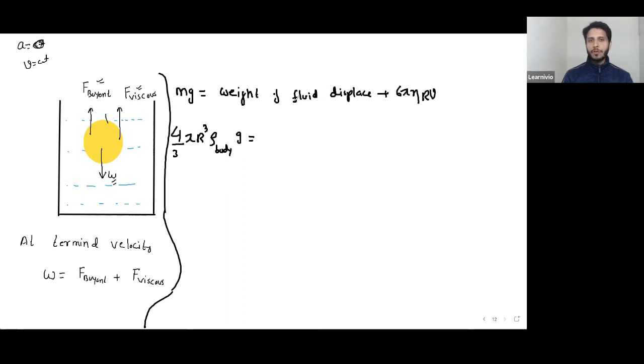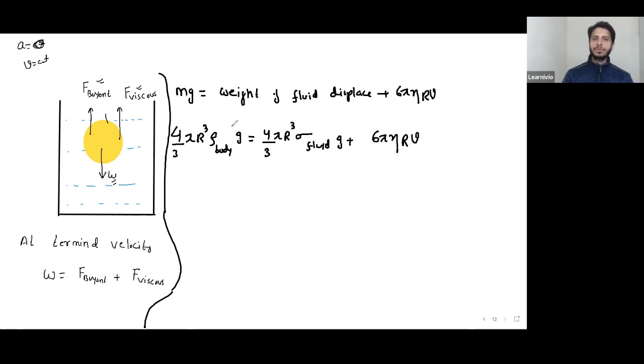I'm just using Archimedes' principle. And how much is the volume of fluid displaced? That is exactly equal to the volume of the body, because your body is fully immersed. So the volume of fluid displaced is 4 by 3 pi r cube, multiplied by density of the fluid, multiplied by g, plus 6 pi eta rv.